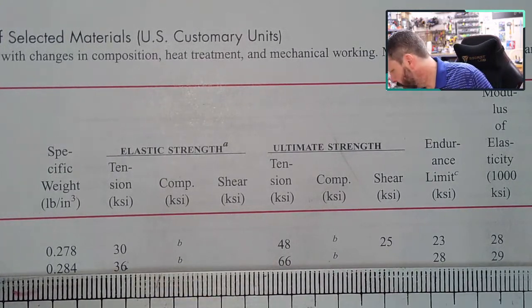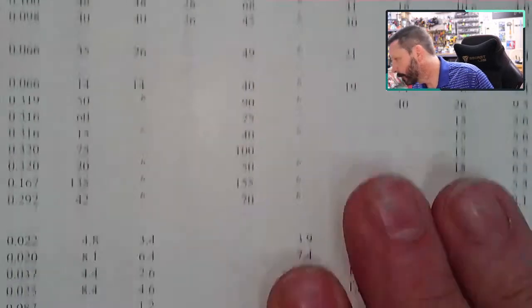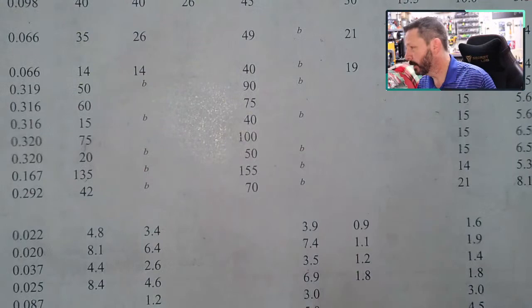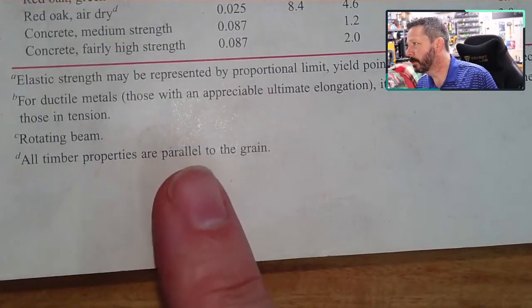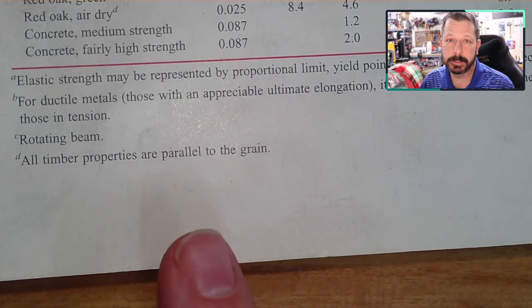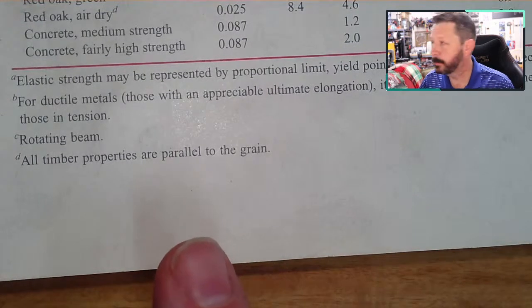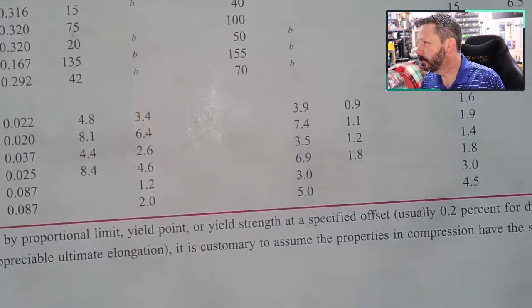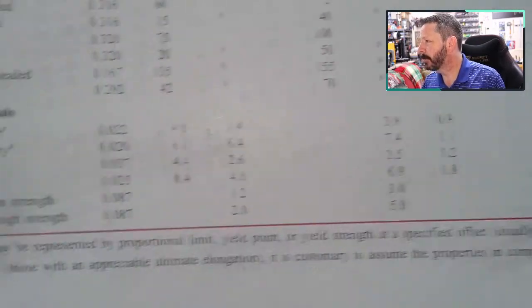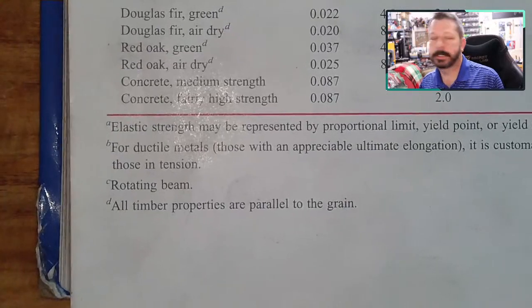If you go to the footnotes down here, if I can get to them, right there. B for ductile metals, which are most of the metals you design most machines with. It is customary to assume the properties in compression have the same values as those in tension.